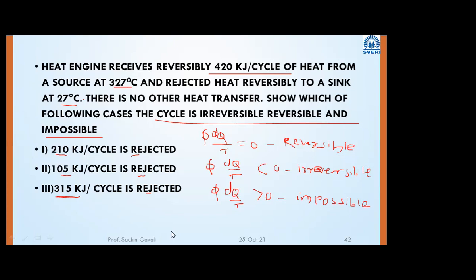In the last lecture, did we solve this problem, or another? No, sir, a different problem was solved. The 1130 kilojoule problem was solved.